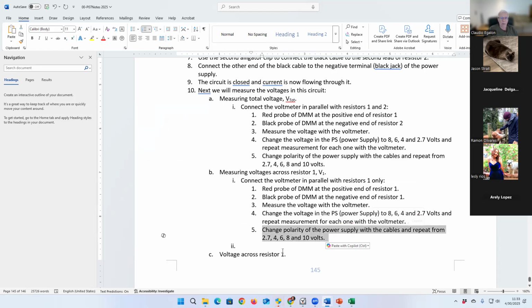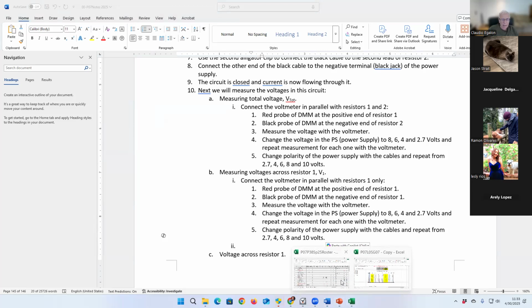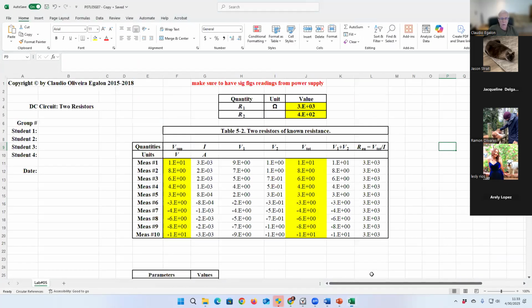Change polarity of the power supply with the cables and repeat for 2.7, 4, 6, 8, and 10 volts. Okay, that's gonna be V1. And now we have taken care of this column of measurements, V1.